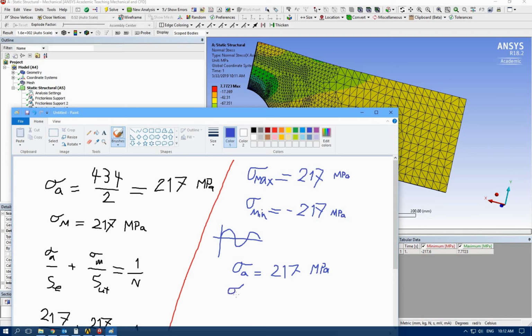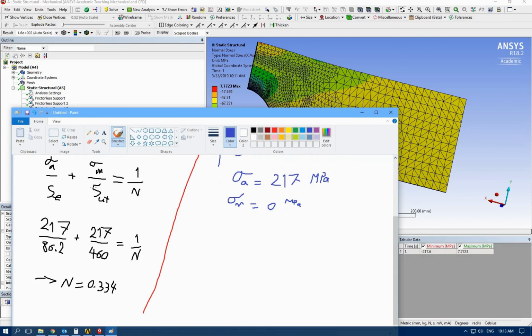What about mean stress, mid-range stress? It is going to be the summation of those two divided by 2, so 0. Done.